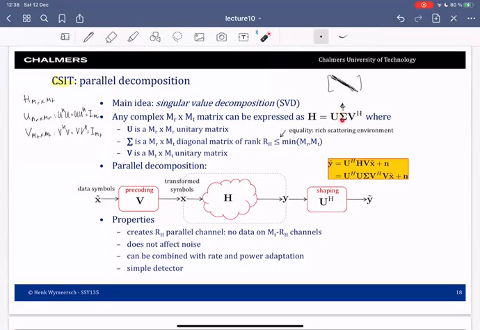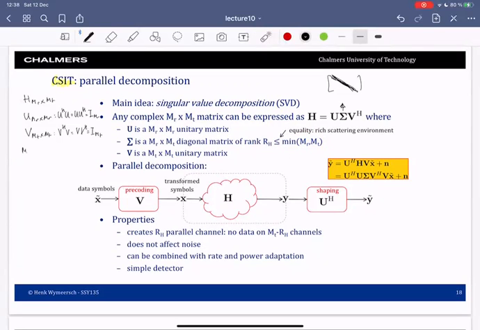And then sigma, which is squeezed in between, should be of size MR by MT. It is a diagonal matrix and it has a certain rank, so that means that it has a certain number of non-zero singular values. And this number is called the rank of the channel. And this rank of the channel should be less than the number of transmit or receive antennas just because of the size of the matrix.